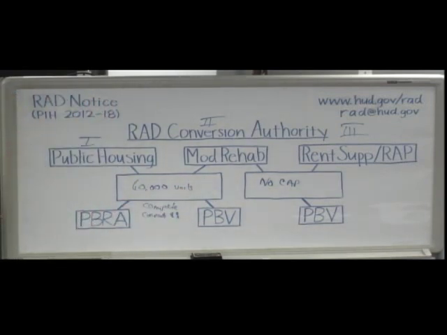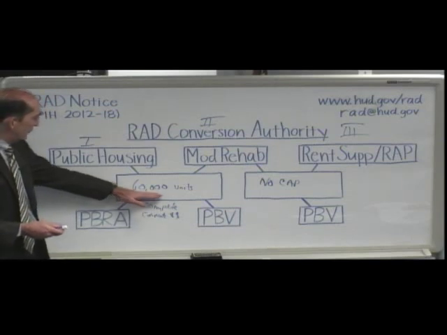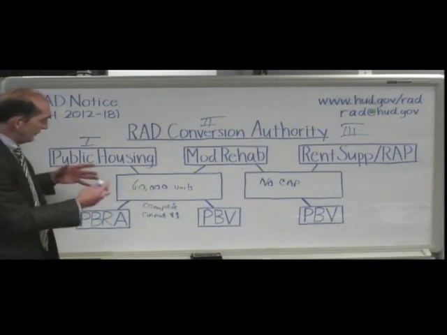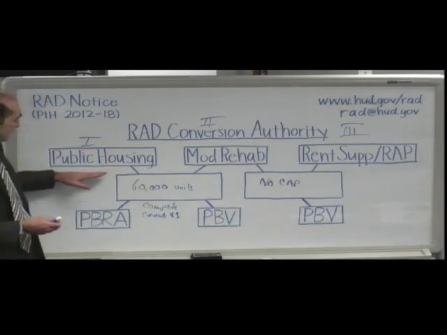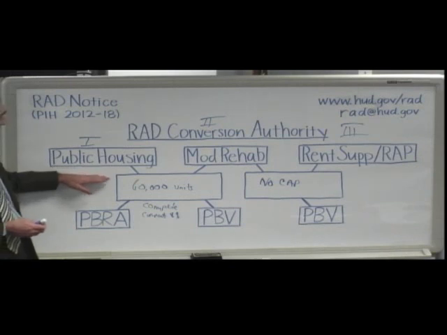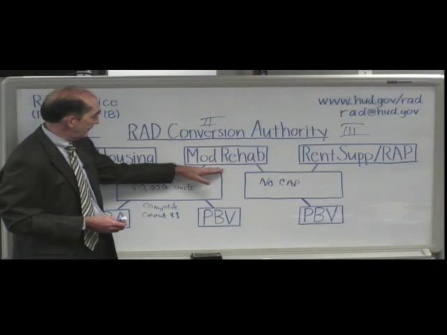Just the last couple things, Pat, before I turn it back to you. There's 60,000 units for this first component of the demonstration. And since we were given this authority by the Congress, the department in its notice has proposed that 58,750 units would be allotted for public housing and 1,250 units would be allotted for Mod Rehab.